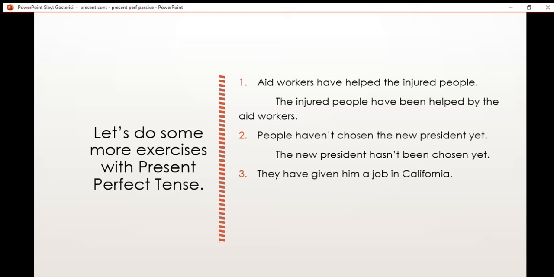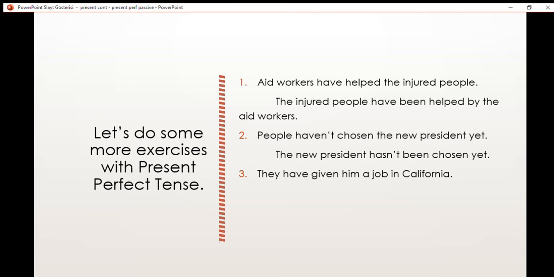Now, in the first sentence we say by the aid workers, but in the second sentence we don't say by people. Why? Well, the first sentence, the injured people can be helped by anyone. Maybe some passersby, maybe some, I don't know, police officers.